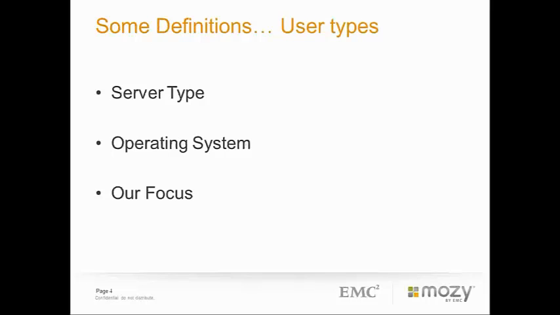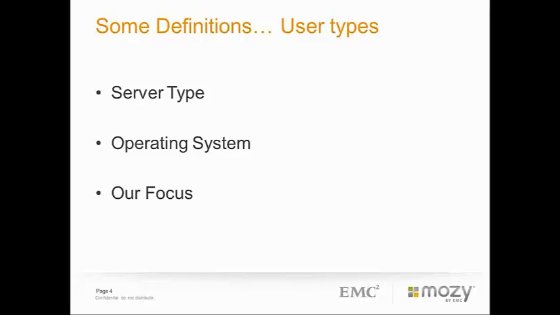So user types, as we said, we're specifically here in this session talking about server users. Okay, so server users is primarily a server user, but you can use a server key with a desktop machine, but it's primarily designed for use with a server operating system.